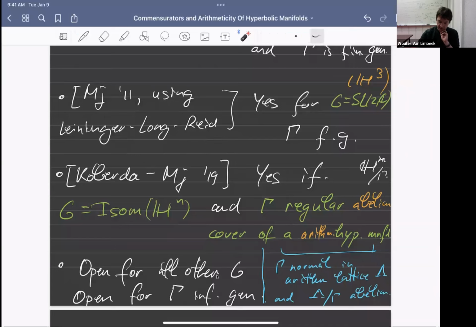And the point is that because this thing is abelian, it essentially corresponds to Hn mod lambda. Because this group is abelian, it contributes to the homology of lambda. And so you will see it in the harmonic forms. And then the commensurator acts on that. You somehow use that. So I think it's completely different from this paper.